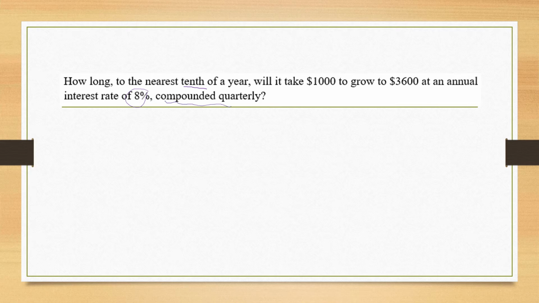Now we have a couple formulas for when we're having interest rates. One is A equals P times e raised to the rt, and one was A equals P times 1 plus r over n, and that quantity raised to the nt.